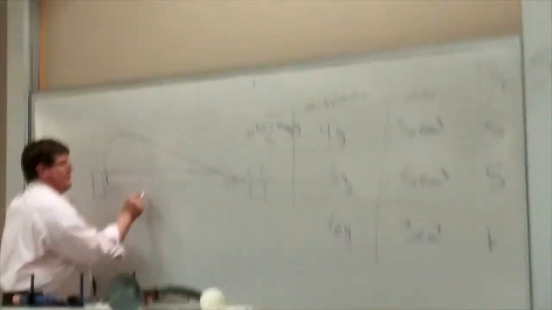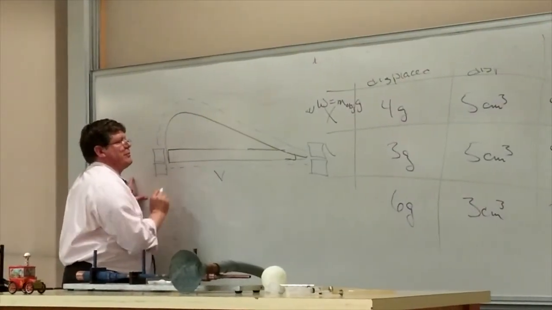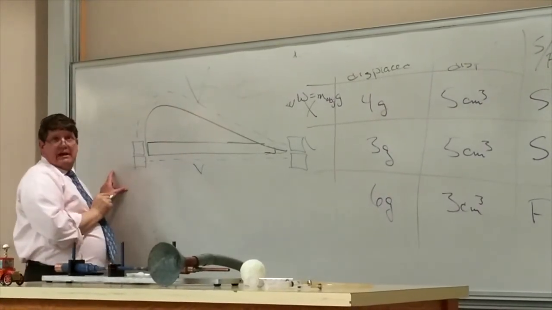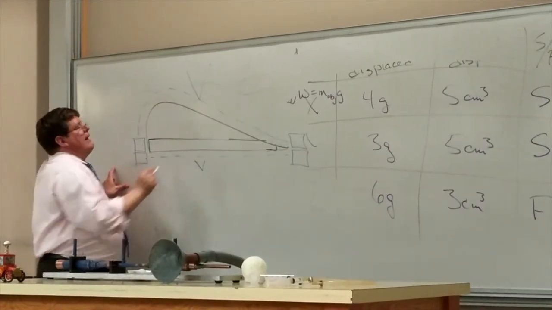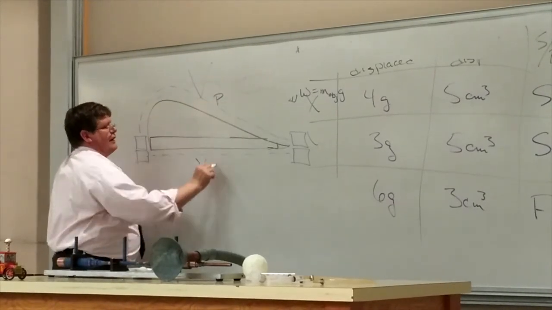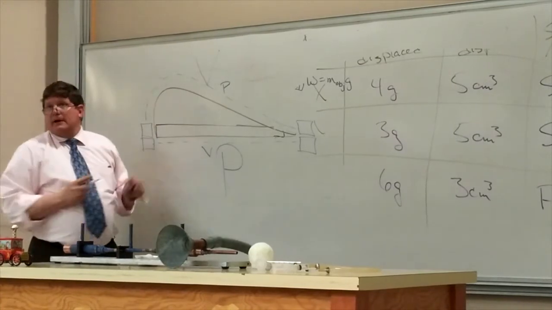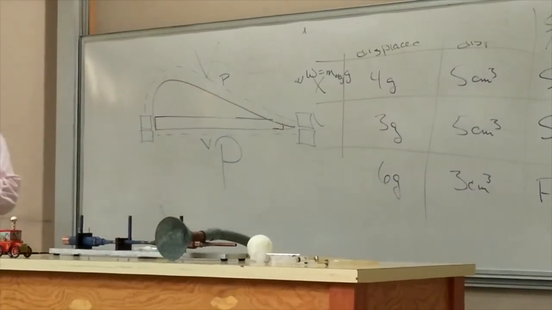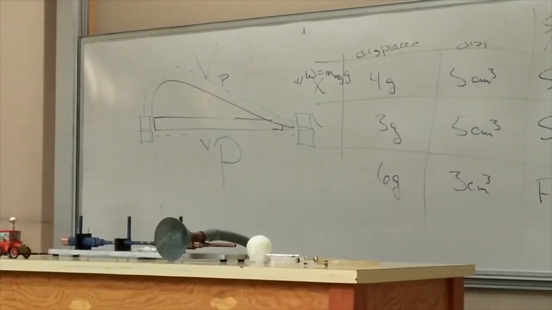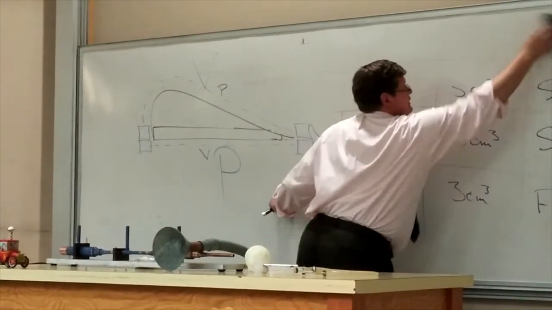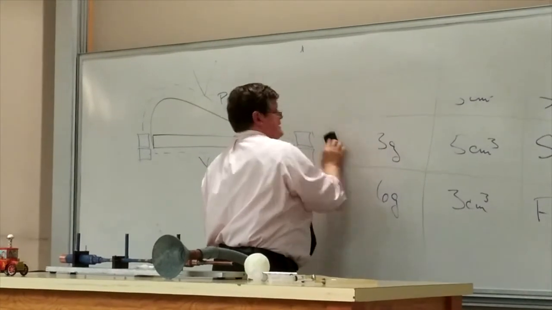And so relative to the wing, this chunk of air has a small speed, and this one has a big speed because it's traveled a further distance in the same amount of time. That means I would have a low pressure here and a big pressure there, giving a net push up that keeps the airplane afloat.